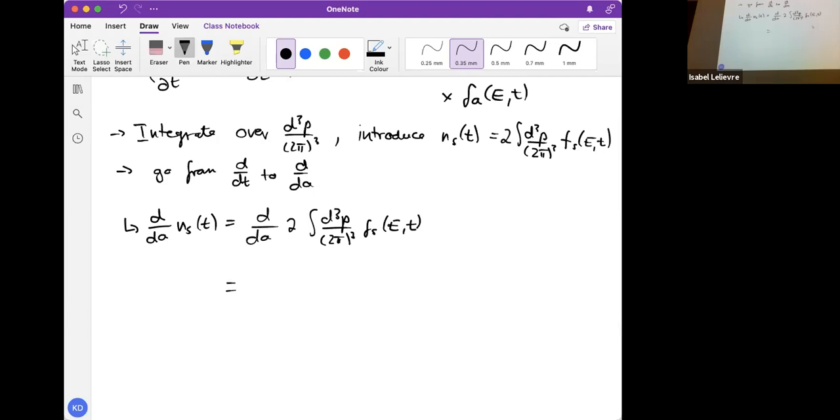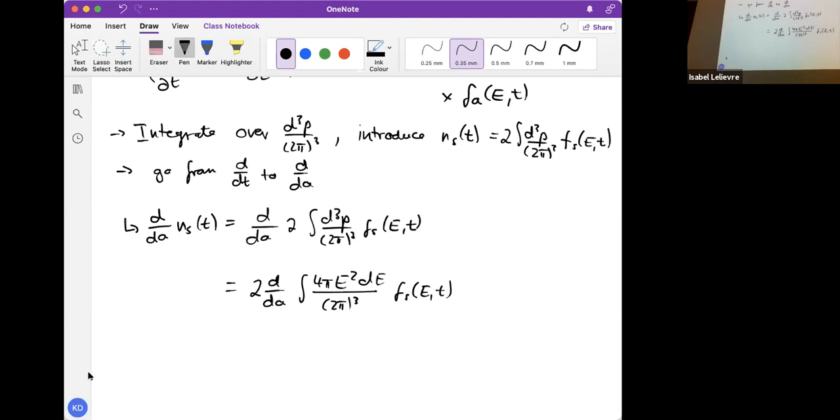Because it depends on energy, we replace momentum by energy, and we use isotropy, so we don't have to worry about the angular integrals. So this is 2 times d over da, integral 4 pi E squared dE divided by (2 pi)^3 times f_s of E comma t.